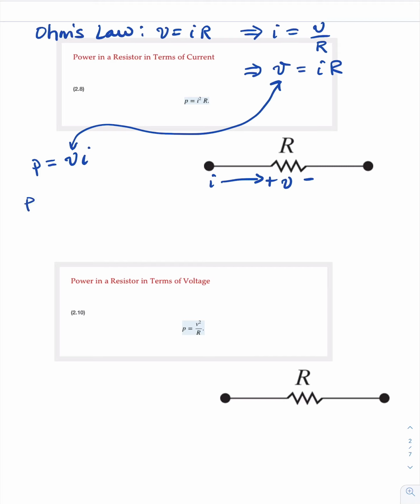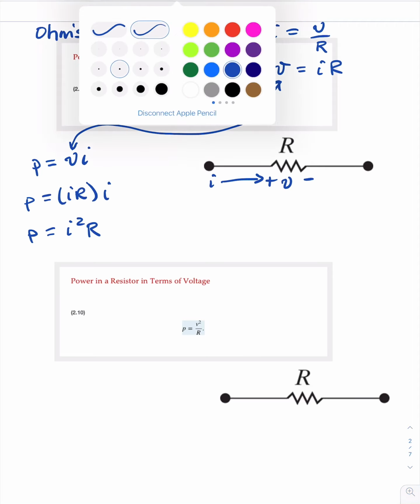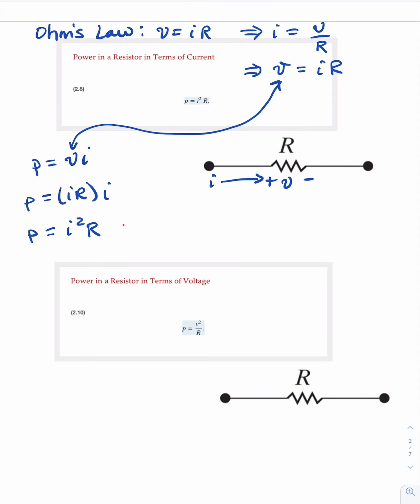So P is equal to IR times I. So P is equal to I squared R. So we now have an expression for power in terms of current and resistance.